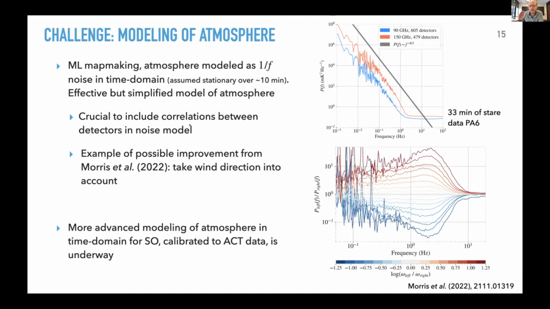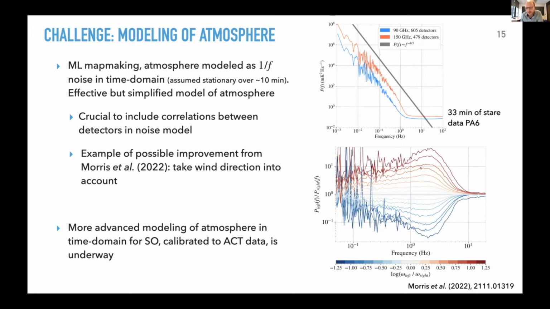So one possible improvement that I think is very interesting is taking into account the wind direction. On the bottom right is a plot of the same power spectrum in the time domain, but now showing the ratio of that power spectrum for left-going scans and right-going scans.